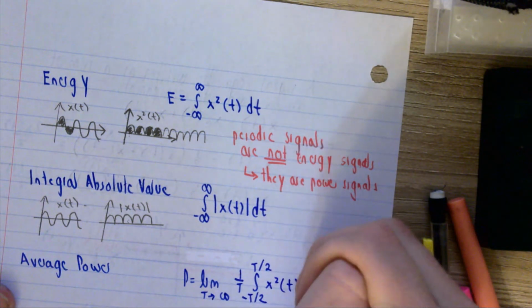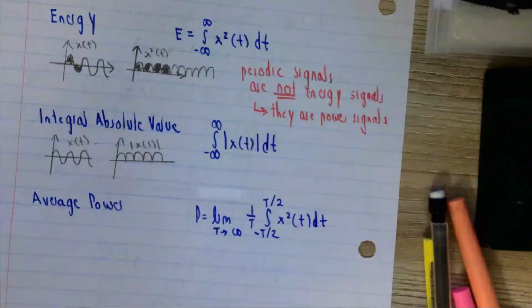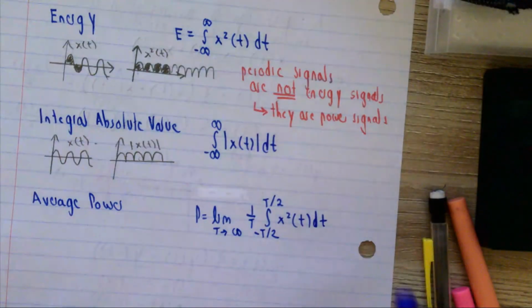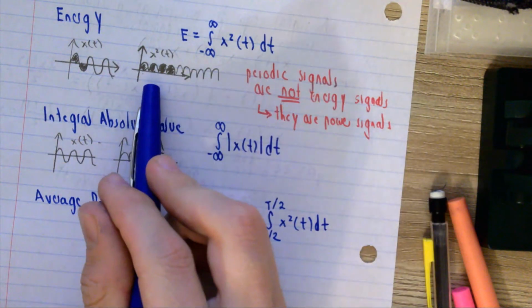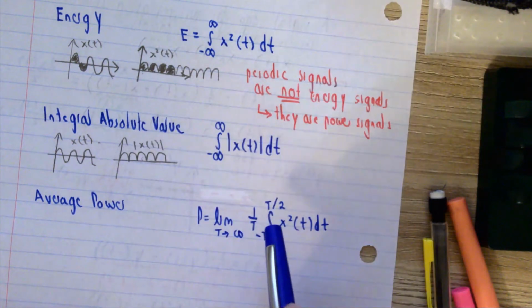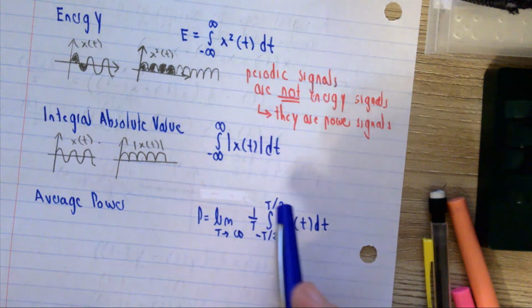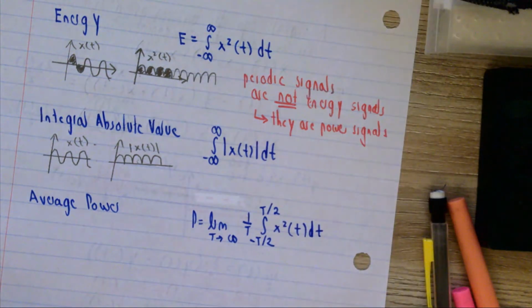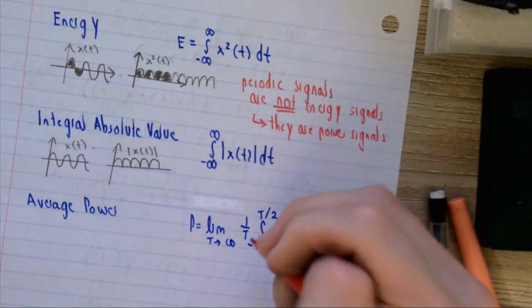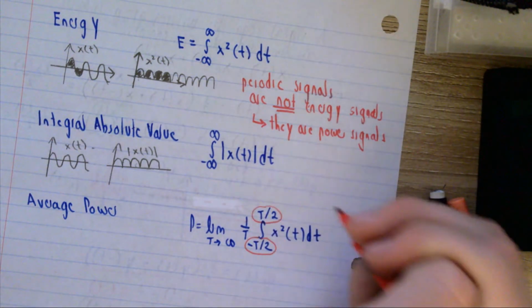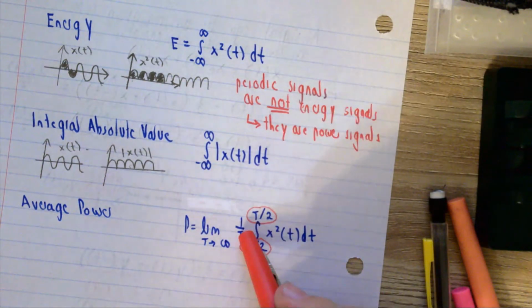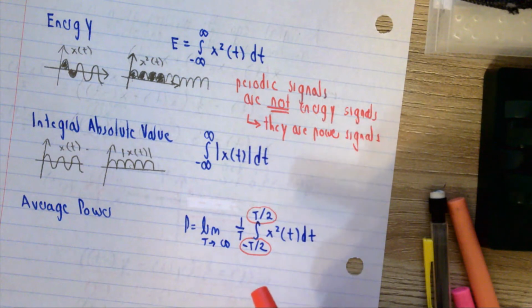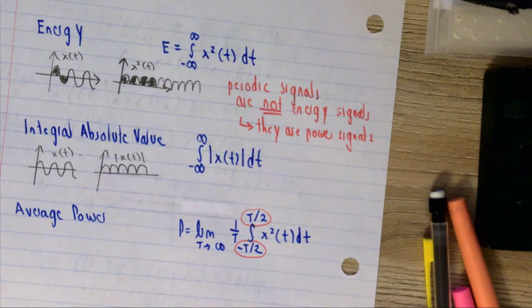Here, what average power does is it squares the signal so it's on the positive domain, as we talked about here. And it accounts for the periodic signal by taking one period of it. That's where these bounds are, negative T over 2 to T over 2. That's one period, and it divides by the entire period in order to give you the average value of that signal. That's why it's called average power.